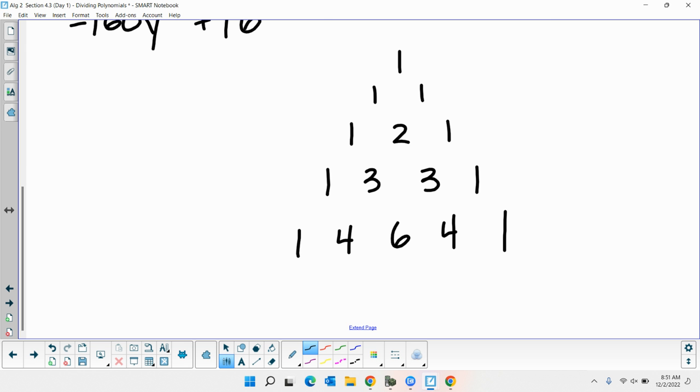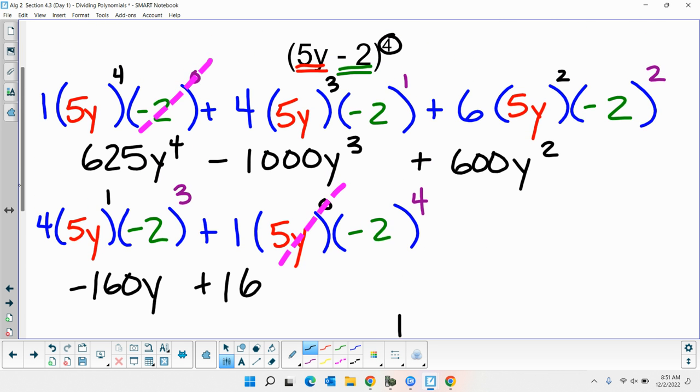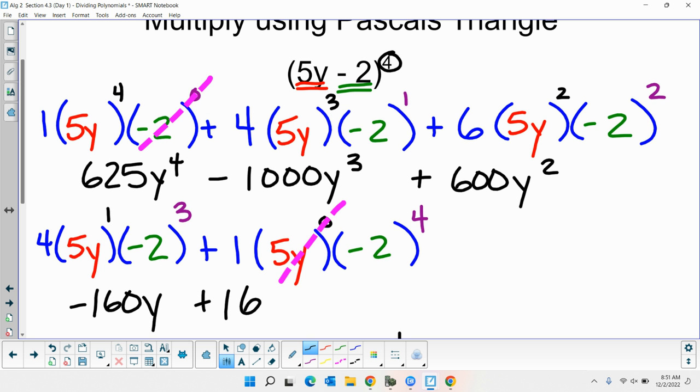And why are there exponents on the second one, the one in purple? We don't even use them. Correct. Well, we did. We used negative 2 to the first, then we did negative 2 to the second. So we're actually using them. But there's no variable with the 2. Maybe sometimes it might be a z. Maybe it'd be 5y minus 2z.